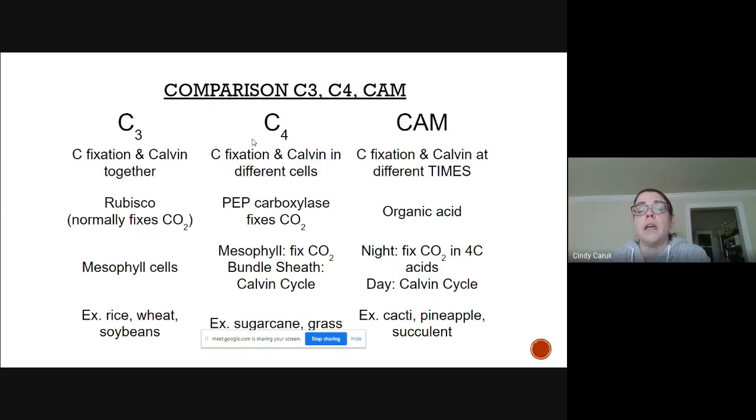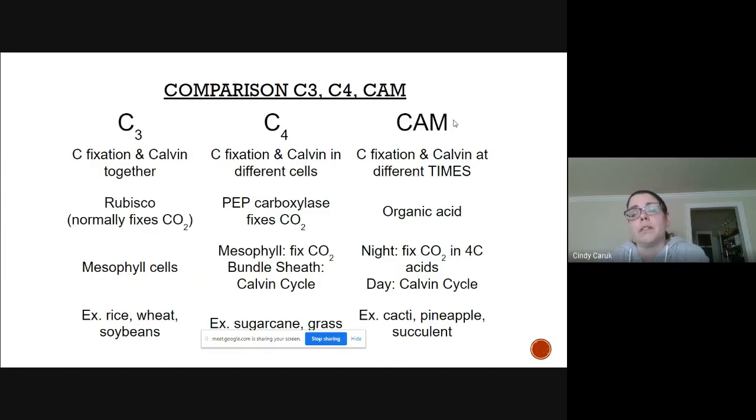So instead, it takes the carbon dioxide, it fixes it, and it puts it in the bundle sheath cells. And so the Calvin cycle is going to occur in the bundle sheath cells that surround the vein of the plant. That makes sure that there's a high percent of CO2 and a low oxygen, so photorespiration is not a problem. It costs them energy.